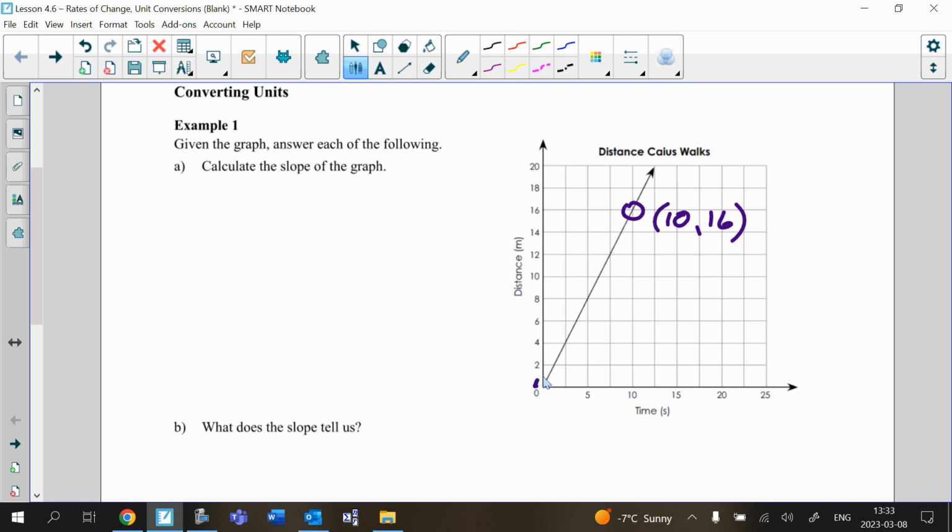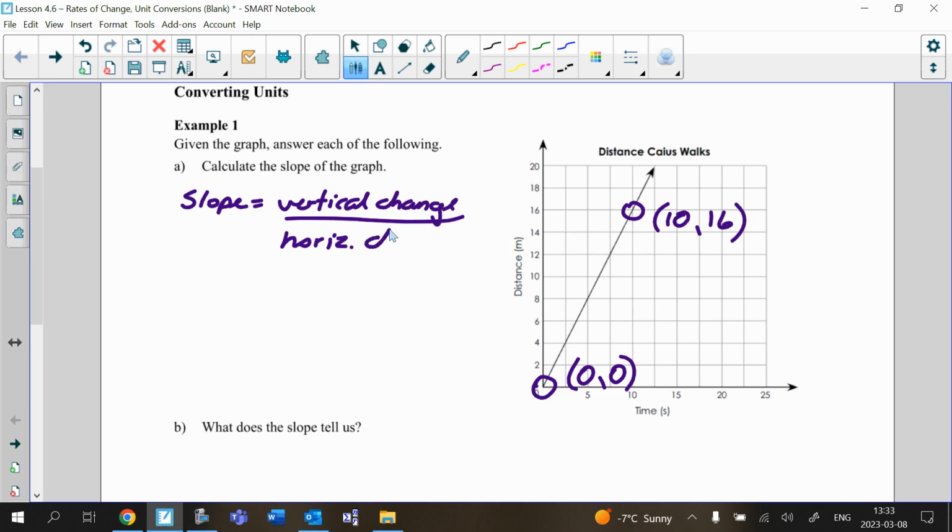So yes, slope is rise over run, or vertical change over horizontal change. And to find that, subtract the higher y by the lower y, 16 minus 0.